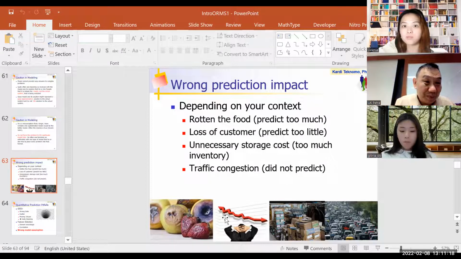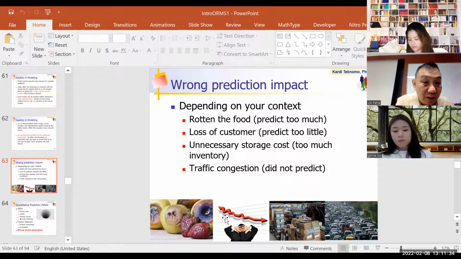There is plenty of food. You always have food that you can buy there. So prediction is very important in that case, right? Now, if they have too much inventory, then it will also create unnecessary storage cost.